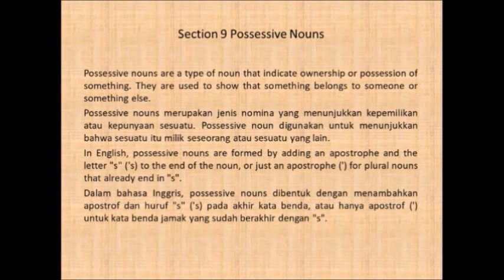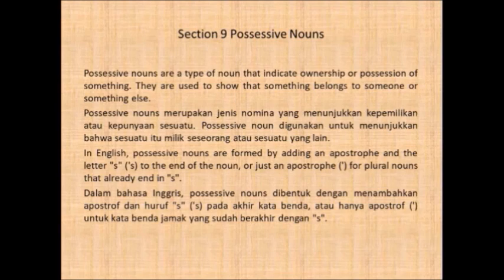Section 9. Possessive nouns. Possessive nouns are a type of noun that indicate ownership or possession of something. They are used to show that something belongs to someone or something else.